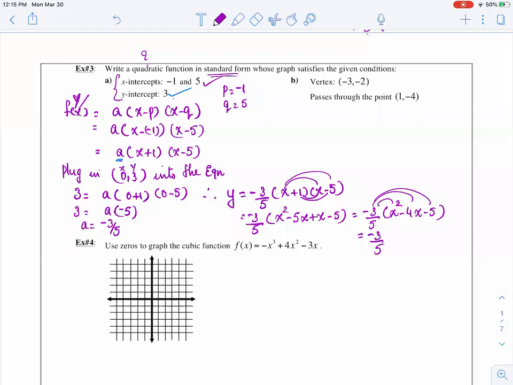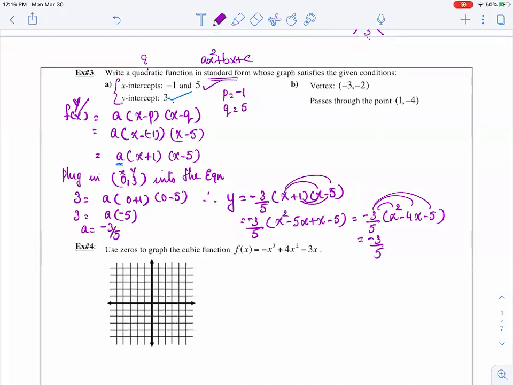You want to see it as ax squared plus bx plus c, with nothing sitting outside. So simply distribute the -3 over 5 into each of the terms. And that's our answer.